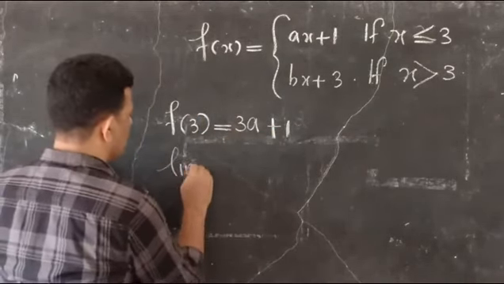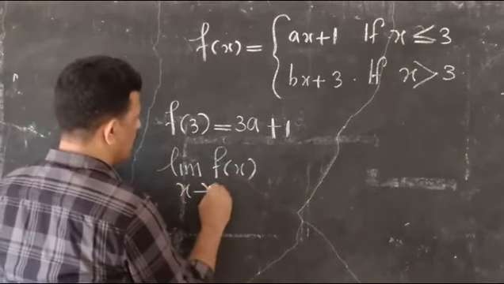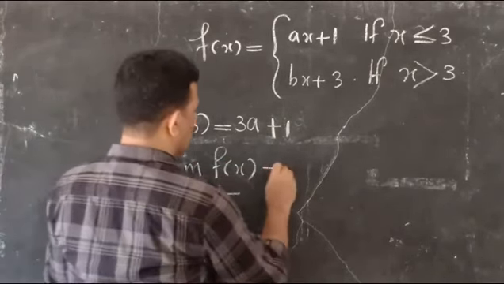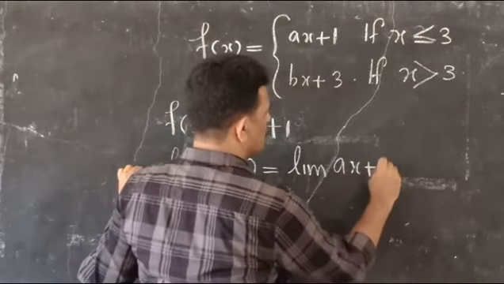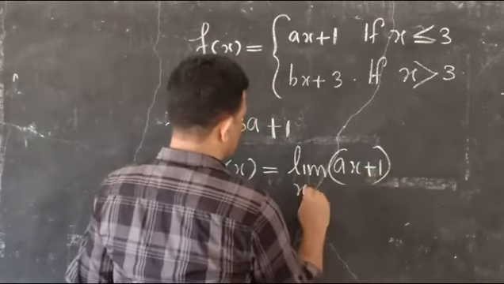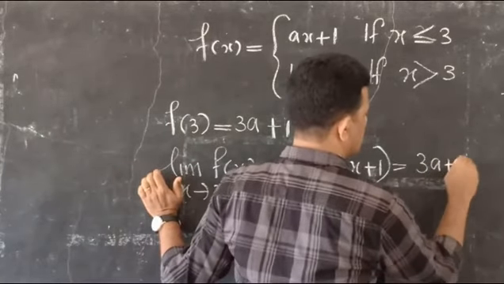Also, we can find limit f of x, x tends to 3 minus. That is equal to limit ax plus 1, x tends to 3. That is equal to 3a plus 1.